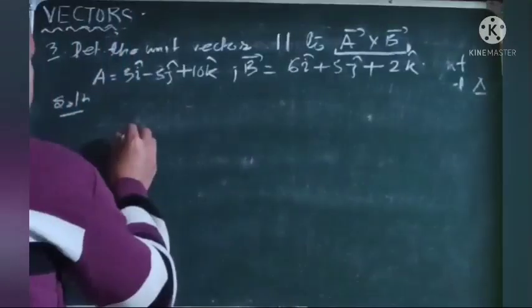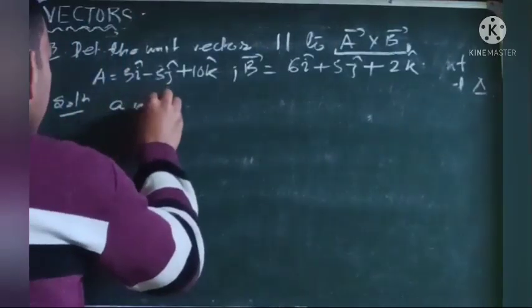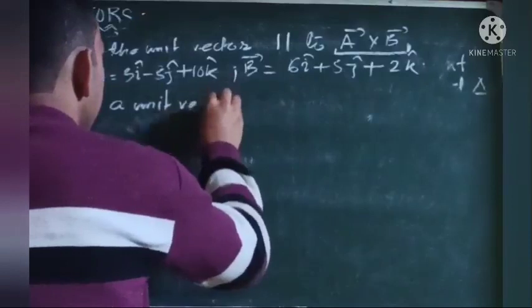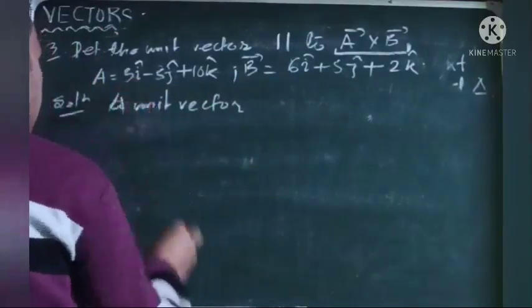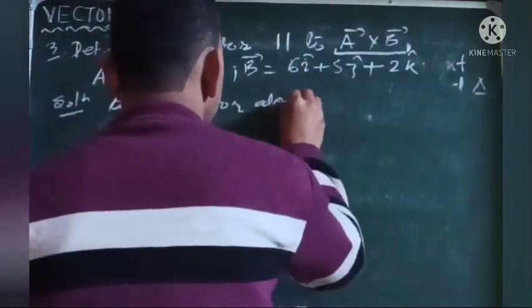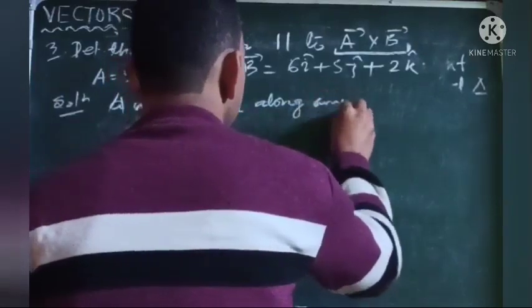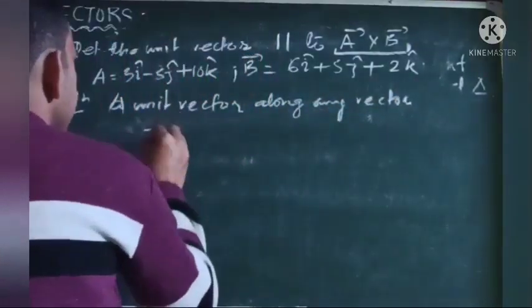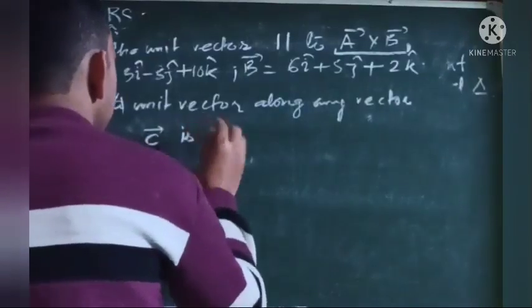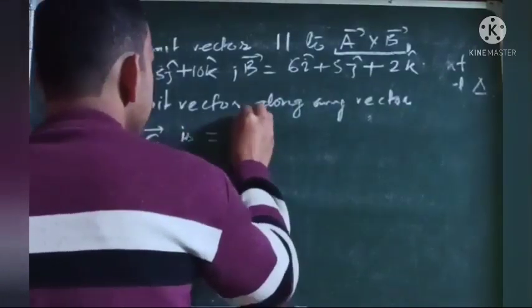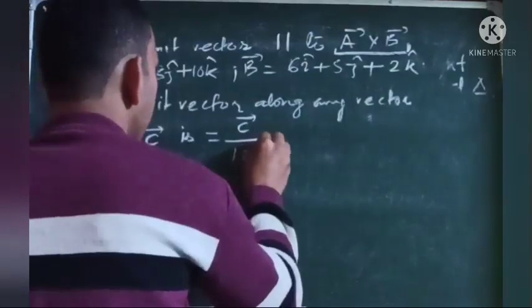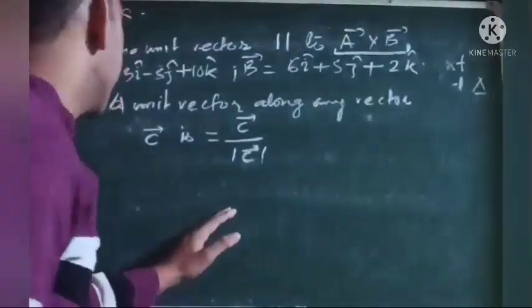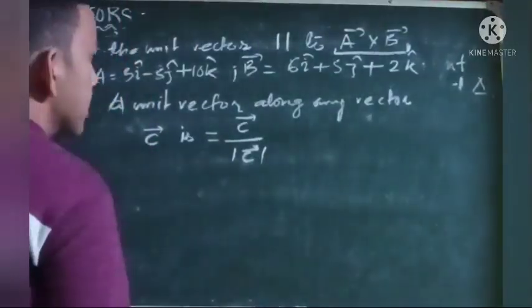Now we know a unit vector along any vector C vector is given as C vector divided by magnitude of C vector, as we have already learned in the previous video lectures.